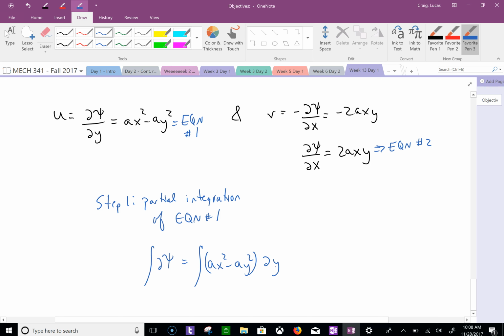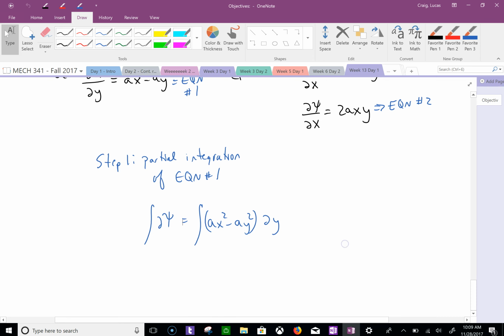Did everyone see what I did? I took equation 1, multiplied by dy on the right, and integrated both sides. So psi becomes a x squared y minus a y cubed over 3 plus f of x, because it's a partial derivative.